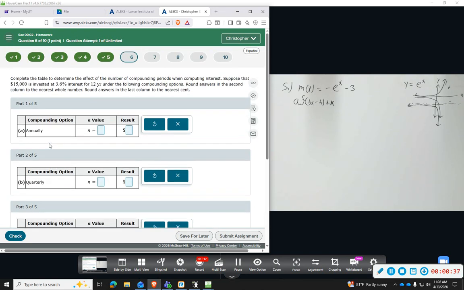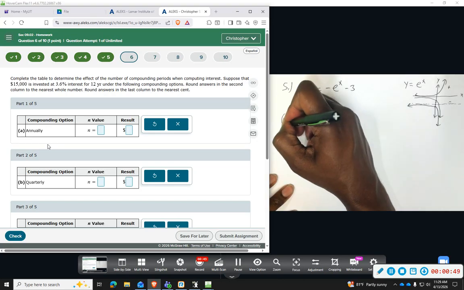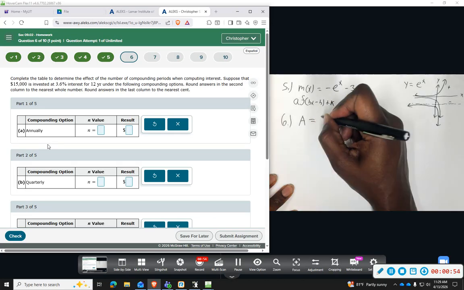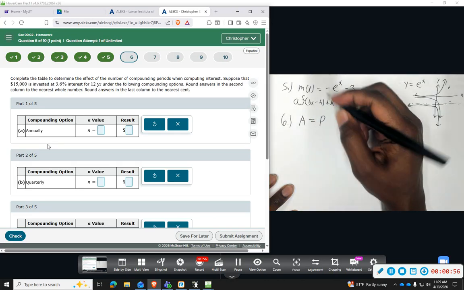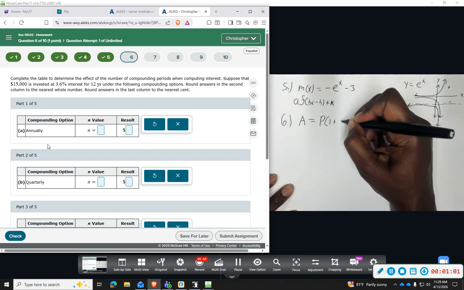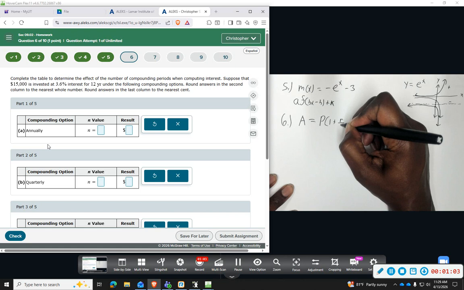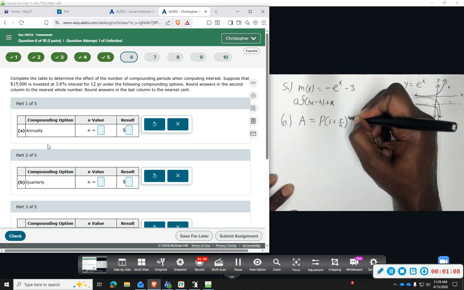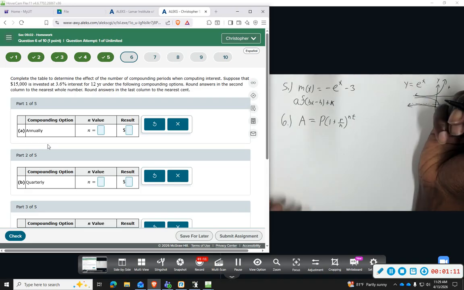interest rates. I'm going to give you these formulas. They are in the textbook, okay? But whenever we see compound interest, we are looking at this formula. A, which is the final amount, equals P, the principal, in parentheses, 1 plus R divided by N. N is the number of times interest is compounded, raised to the N times T power.